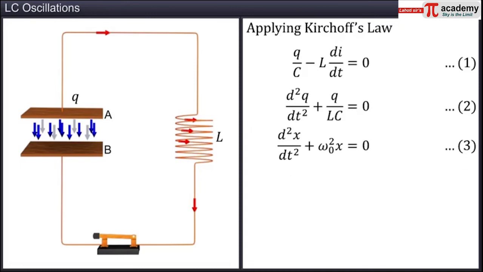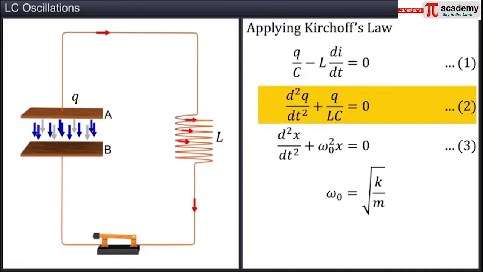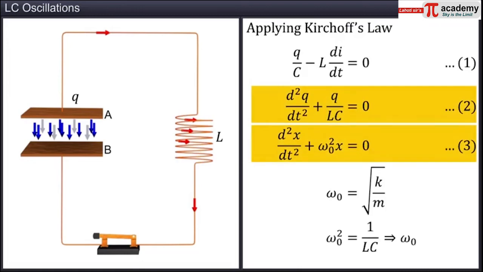Here, the natural angular frequency omega naught is equal to the square root of k by m, where k is the force constant for simple harmonic motion. Equation 2 is observed to be similar to equation 3. Comparing equations 2 and 3, we have the natural frequency omega naught of LC oscillations in the circuit equal to 1 by square root of LC.